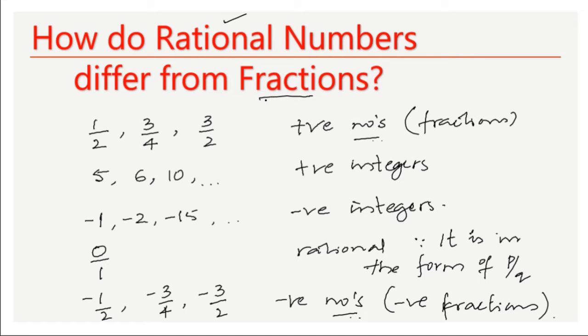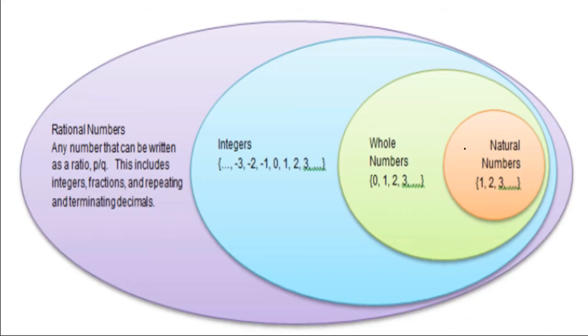Now when I look at the Venn diagram representing rational numbers, we observe that the natural numbers are present in the set of whole numbers, and all whole numbers, including the natural numbers, are present in the set of integers.